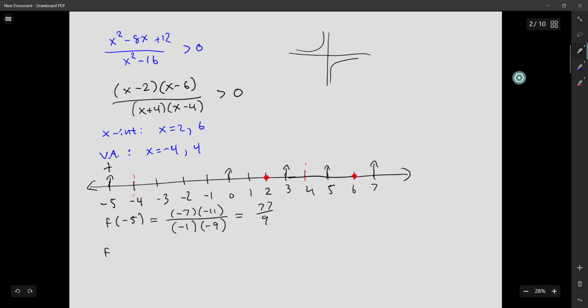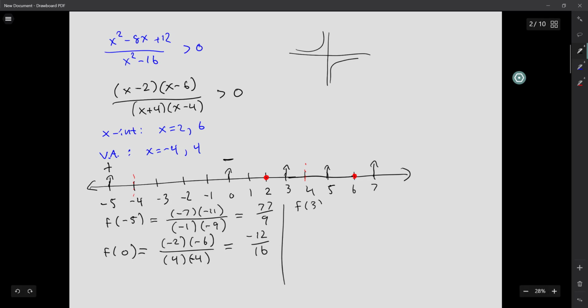Let's find out what we get at 0. F of 0 is -2 times -6 divided by 4 times -4. This is going to work out to be a negative number because 2 of my negatives will pair up and cancel, and I'll still be left with a negative. But specifically, what do I get here? -12 over 16. I can simplify that, but again, I just care that it's negative. What's next? 3.